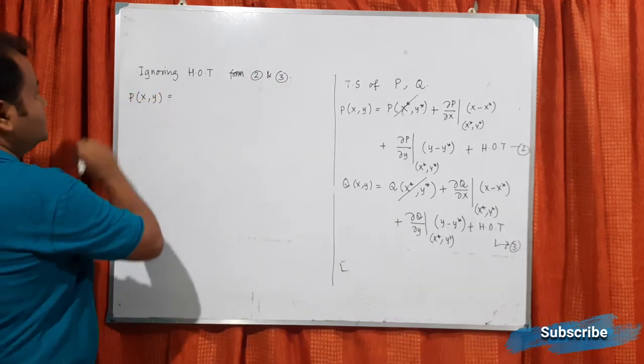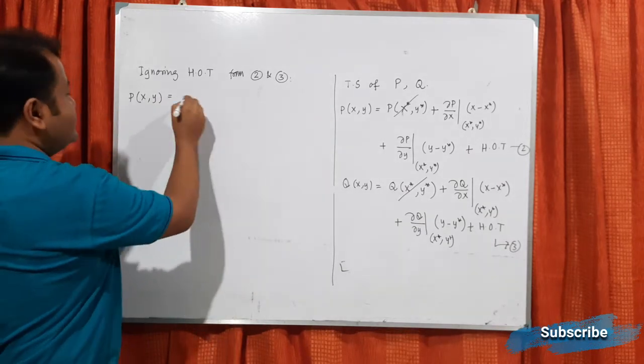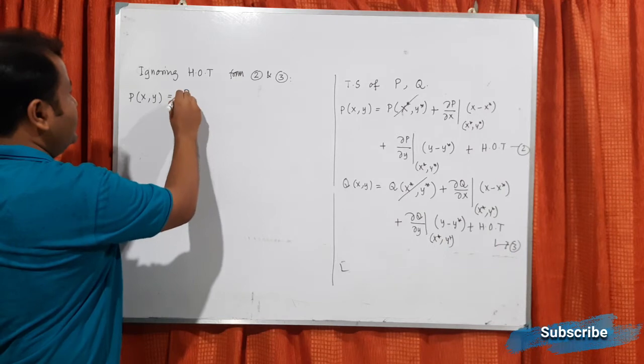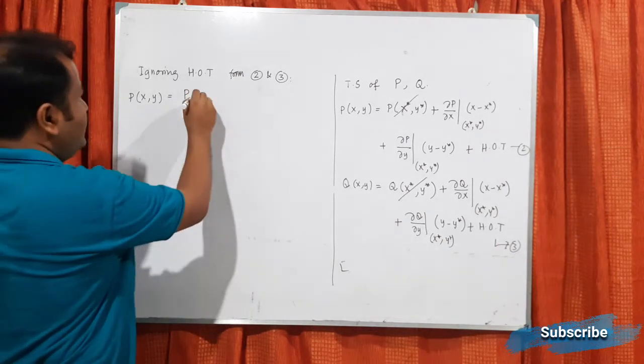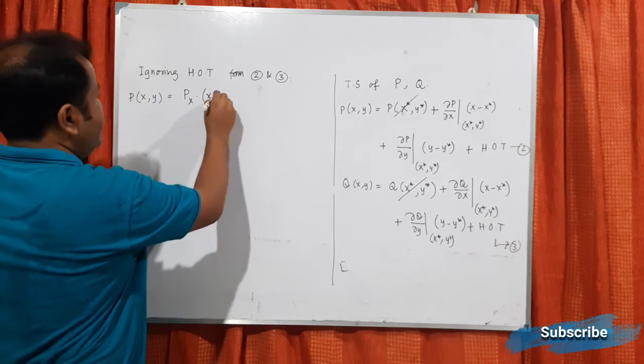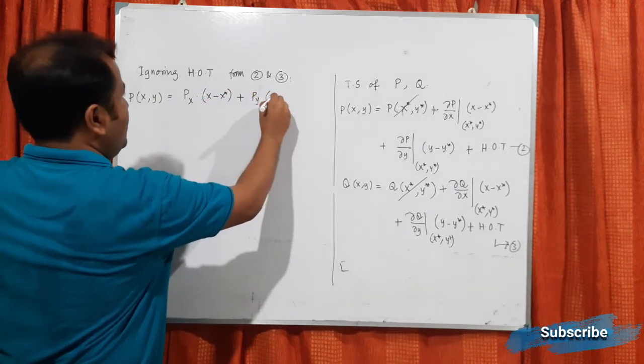p(x,y) equals ∂p/∂x. So I can simply write p_x, the same symbol as ∂p/∂x, into (x minus x*) plus p_y into (y minus y*).